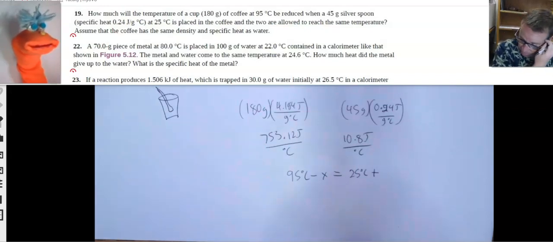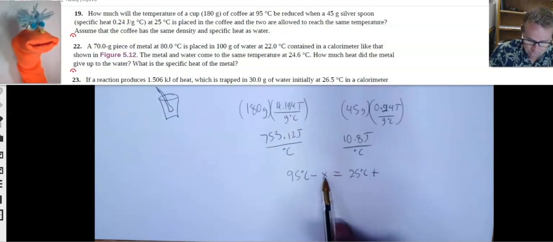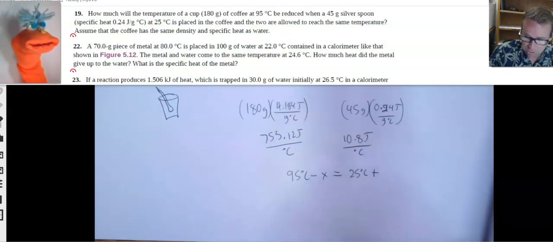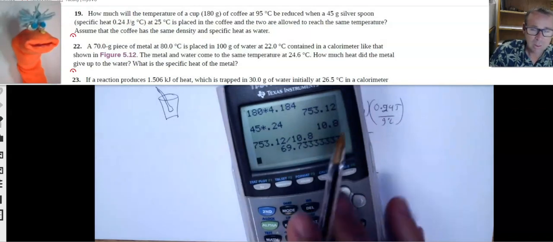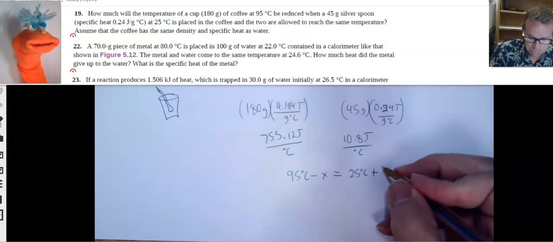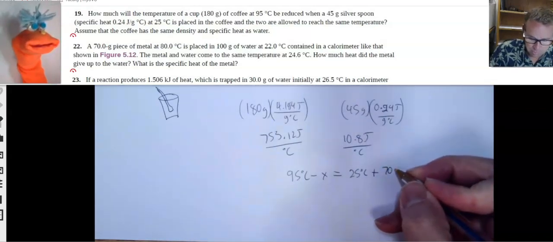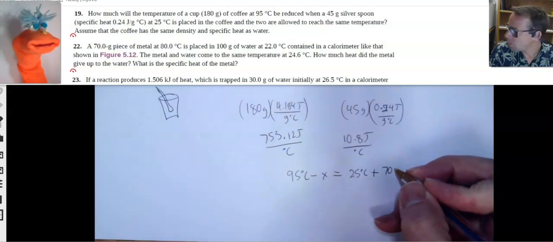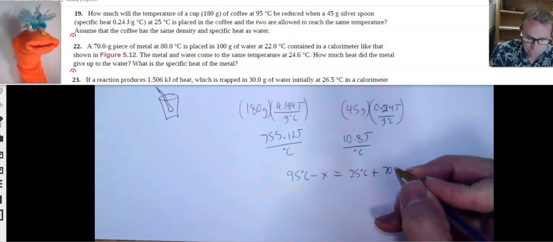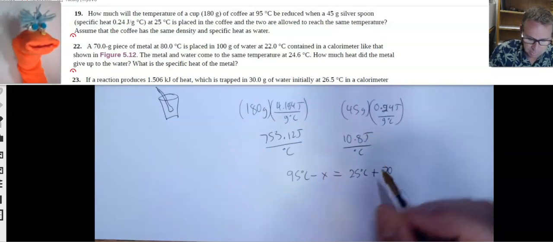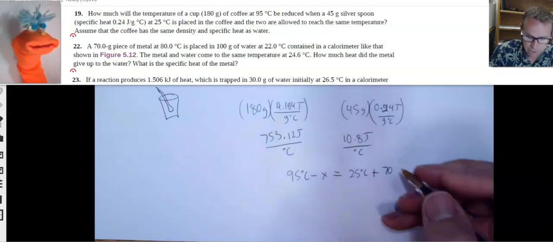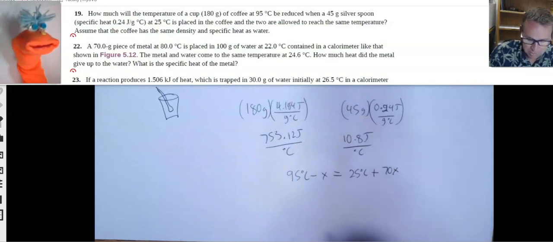And the amount that it's going to go up, the amount of x, is going to be 70 times as much. The temperature is going to go up 70 times as fast because of this ratio of the energy, right? So 70x. And then we can just do math here and identify what x is.